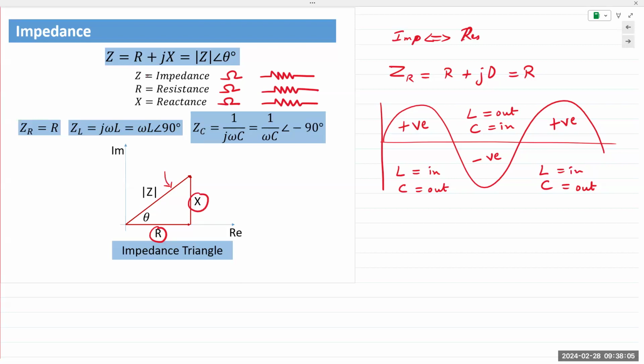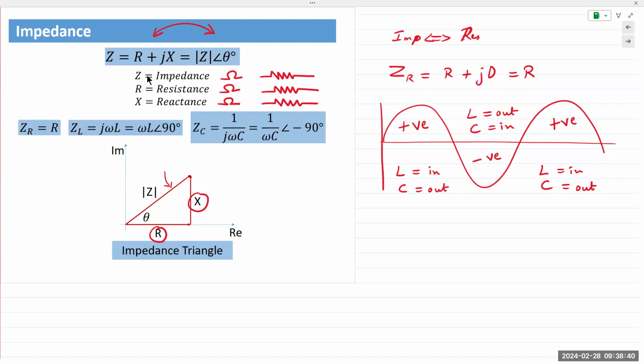Again, it's a complex quantity, so you can describe impedance with rectangular coordinates or polar. It can be represented as a vector with magnitude and angle. If you're given resistance and reactance, you can transform it back and forth between polar and rectangular coordinates.